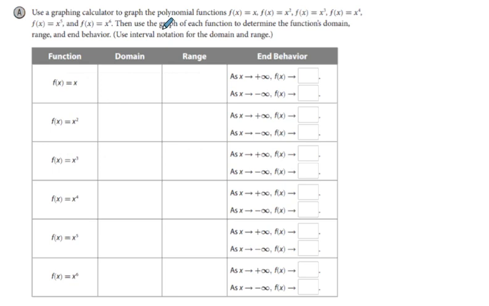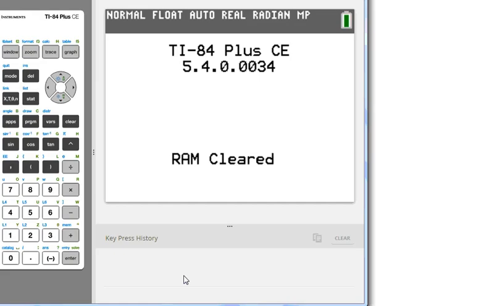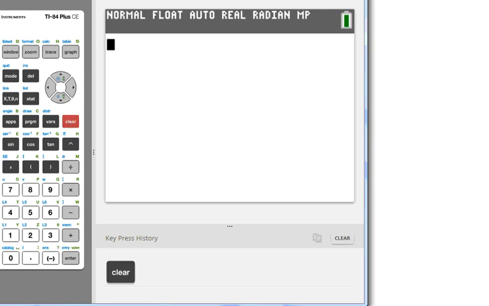Next, A, use a graphing calculator to graph the polynomial functions f of x equals x, f of x equals x squared, f of x equals x cubed, and so on. And it says use the graph of each function to determine the function's domain, range, and behavior. I'm going to just graph a couple of these, the ones that you probably don't already know too well.